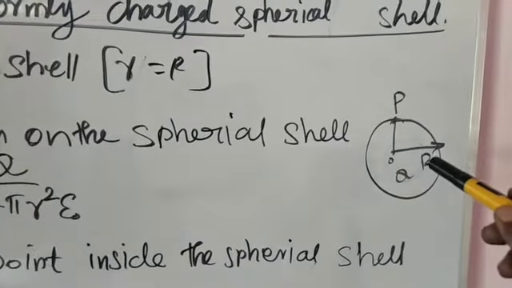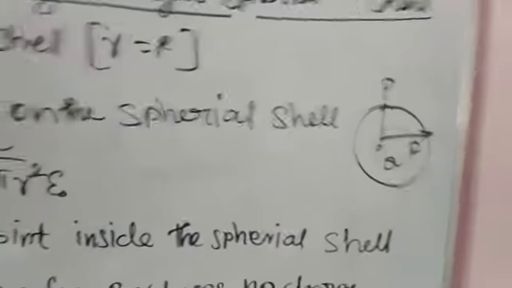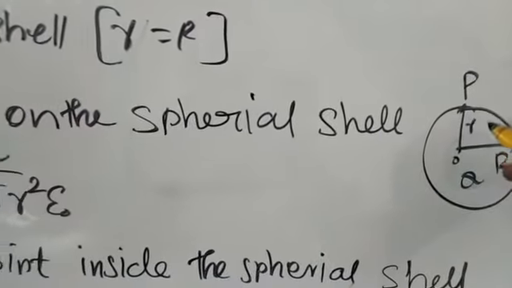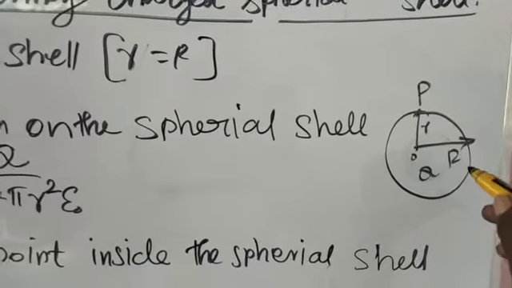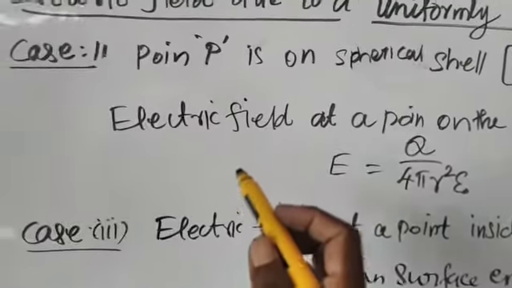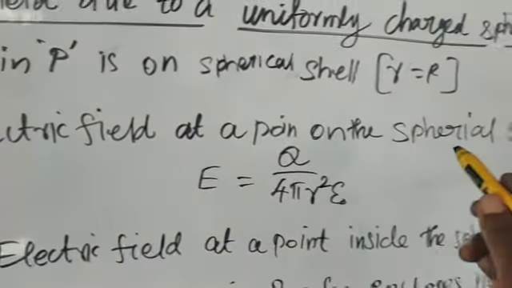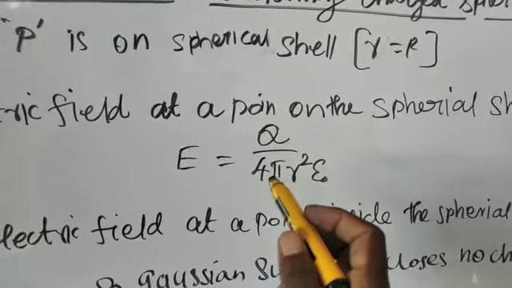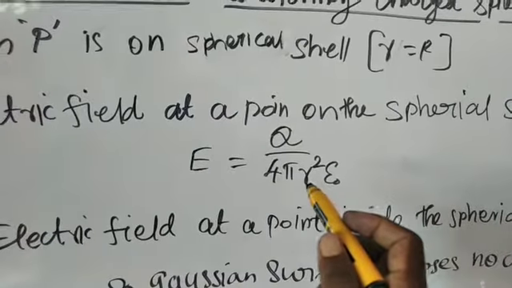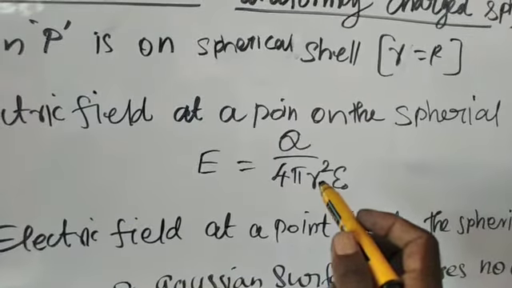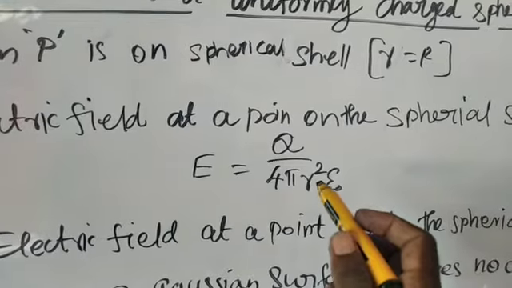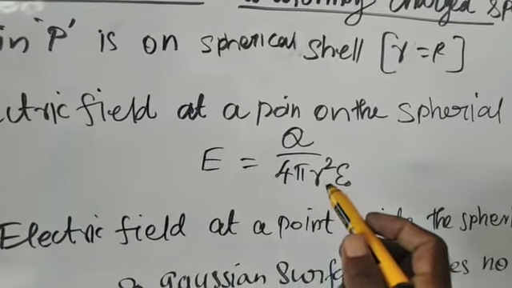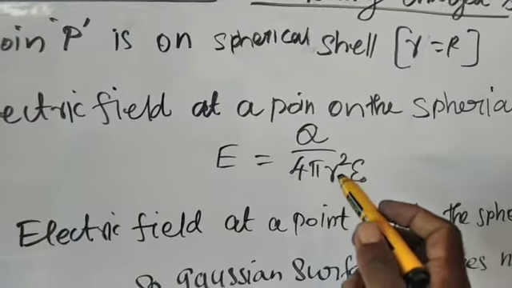So small r equals capital R. Now the electric field at a point on the spherical shell is E equals Q by 4 pi epsilon naught r square, as already found outside the shell. Here on the shell, small r equals capital R.